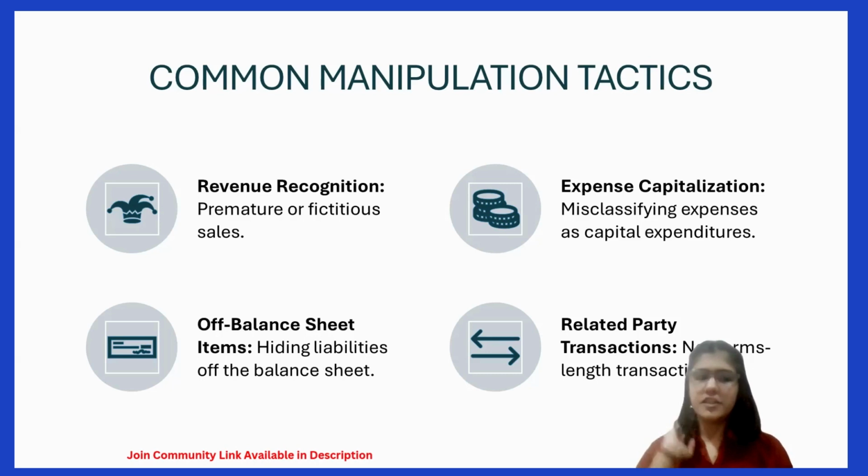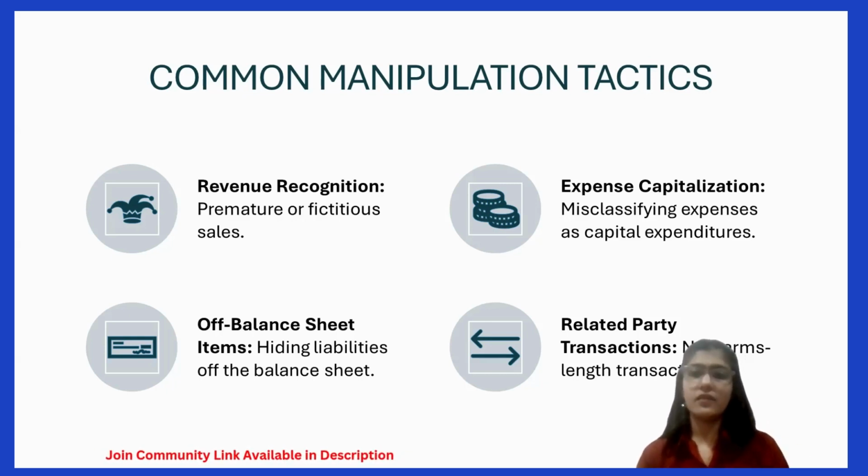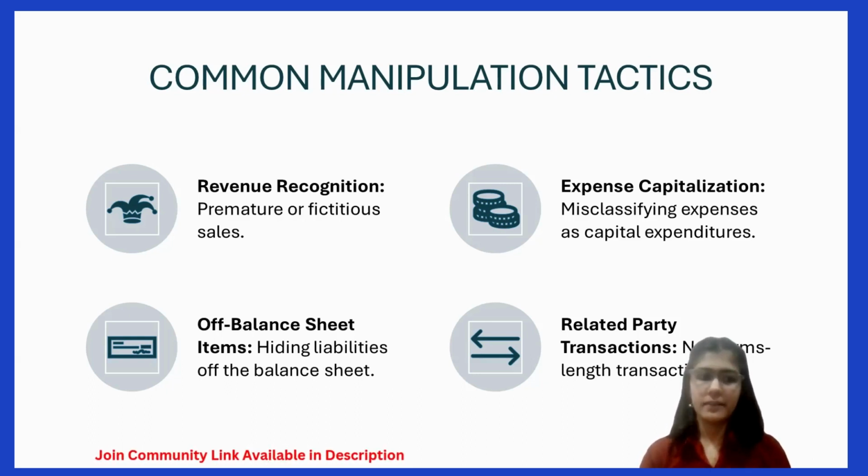Then off-balance sheet items involve hiding liabilities off the balance sheet or misleading stakeholders who are not actively involved in the preparation of financial statements or the day-to-day running of the business. And lastly, related party transactions.